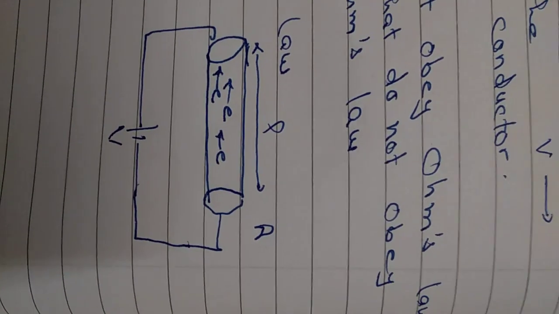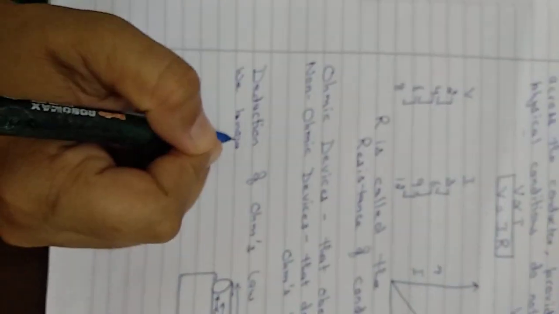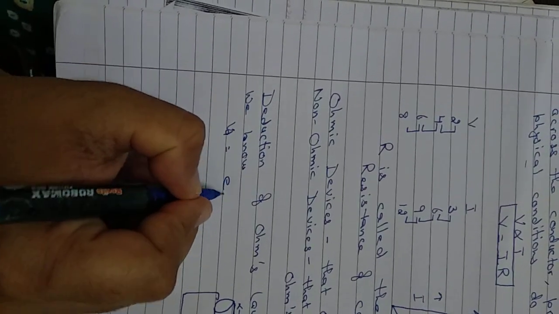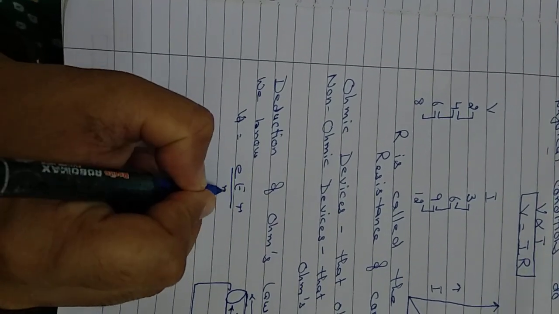Now you have done this. We know the expression for drift velocity. In the last topic we did, drift velocity Vd is equal to E tau upon m.